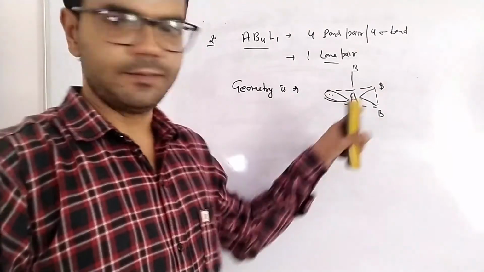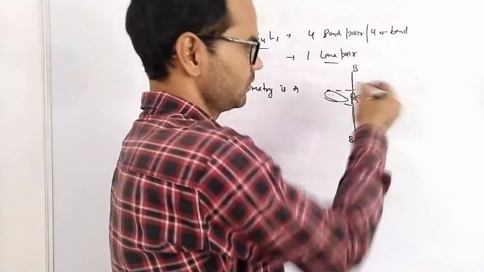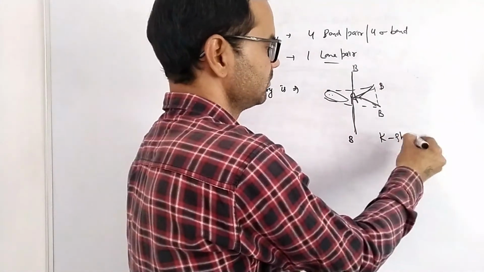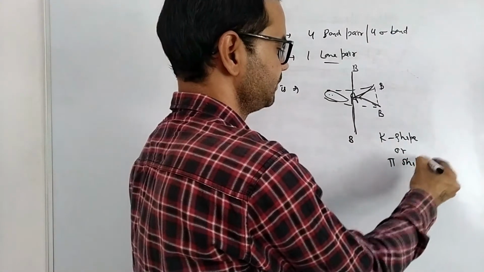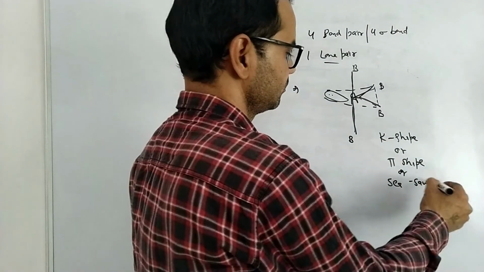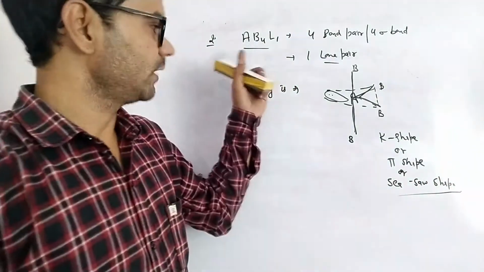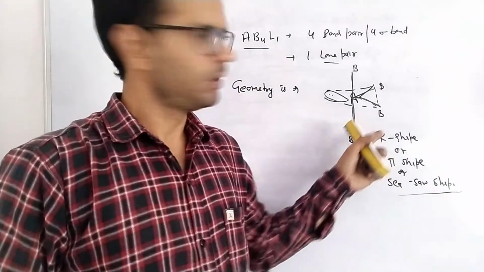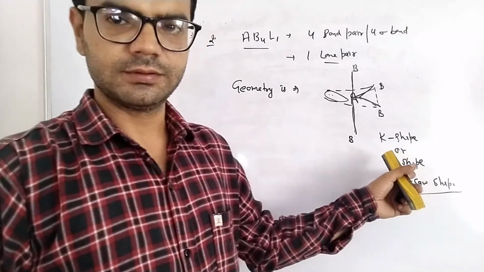So now shape is like the English word K. So it is called K shape or pi shape. For AB4L1 geometry is K shape or pi shape or seesaw shape.